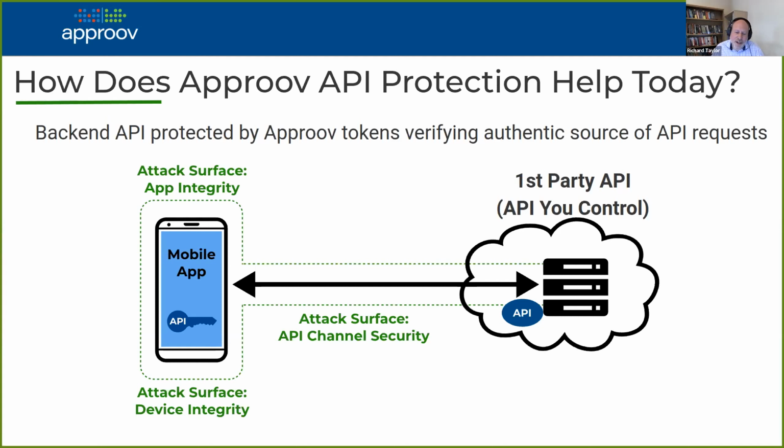It's also looking at the device itself to make sure that there's nothing nefarious going on in terms of hooking or any exfiltration that might be going on to hook the app. And it's also looking at the attack surface of the API channel itself. Obviously, you're communicating over TLS, but this is about making sure that there can't be any man in the middle.